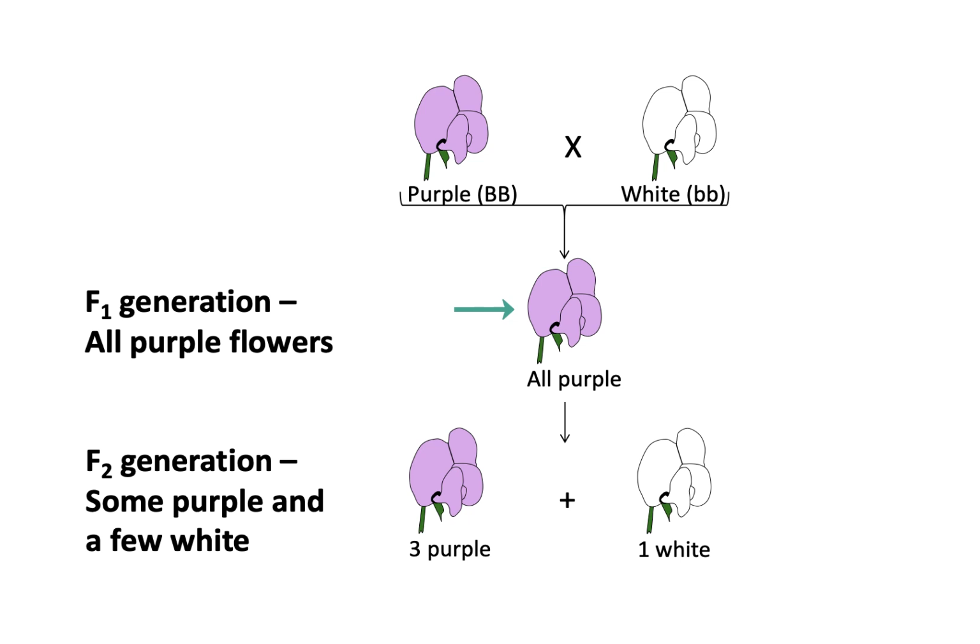However, if he allowed those plants to self-pollinate, then the F2 generation always had some purple flowered and some white flowered progeny in the ratio of 3 to 1, 3 purple to 1 white.